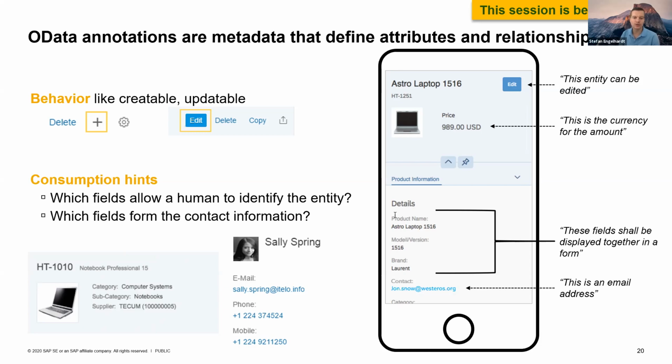And for this, you don't need to code something in the UI. You just tell, okay, I want to have an action, for example, I want to retire this product. So that you add a function which then sets some things in the backend to retire it. And then you just tell, okay, I want to have this button here, for example, next to the edit button. And then you can have your additional functionality in there.